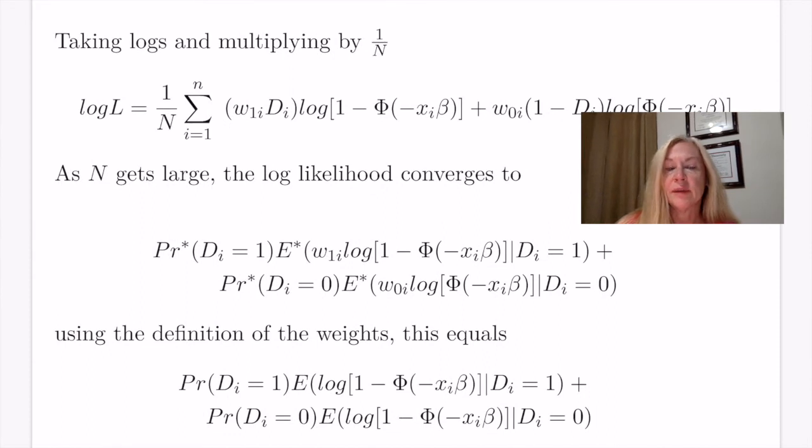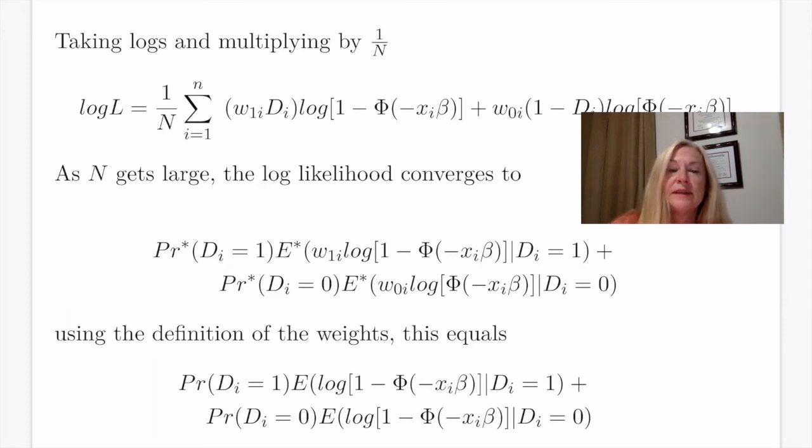So if you take logs of the likelihood and then we pre-multiply by 1 over n, it won't change what minimizes it, and then you can see why these are the weights that you need. As n gets large, the likelihood is going to converge.